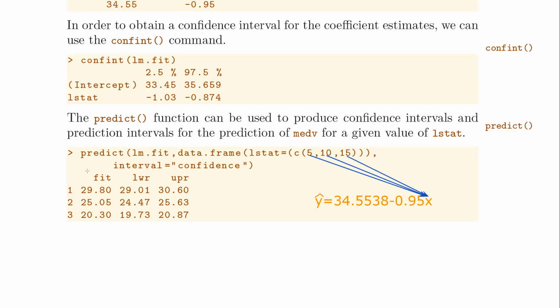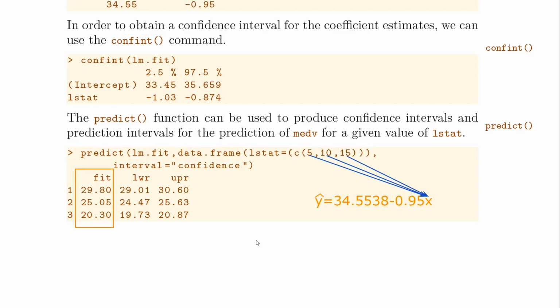You substitute three times, and you get these three values. So look, this is practically 1. 34 minus 1 times 5 is 29.8. Then it goes down by around 5, and it goes down by around 5 again, because the input is going up by 5, and the gradient is basically -1.